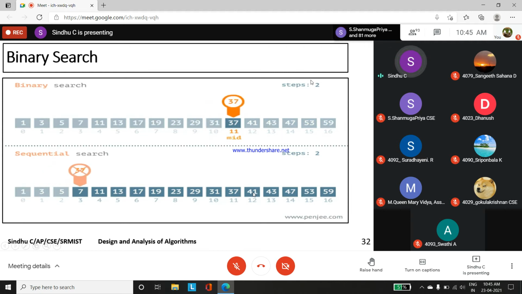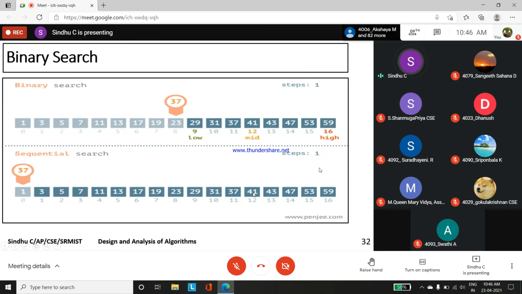So you can see that in this scenario, binary search takes only 3 steps for finding this value 37 in this array, right? But if it is sequential search or linear search, it starts from the beginning till the end, or till you identify that element. You keep hitting every element.